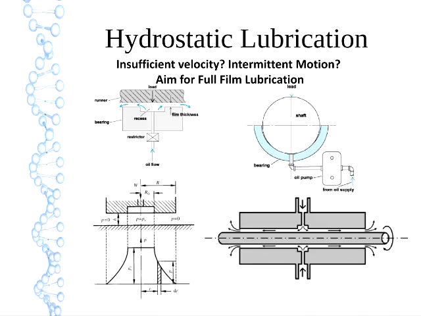So in a hydrostatic contact, the lubricant is going to be pumped in, and that external pressure is going to keep the surfaces apart. So this is frequently used when you've got insufficient velocity. An example could be when you've got intermittent motion, or during startup and shutdown, moving very slow, or you're stationary.